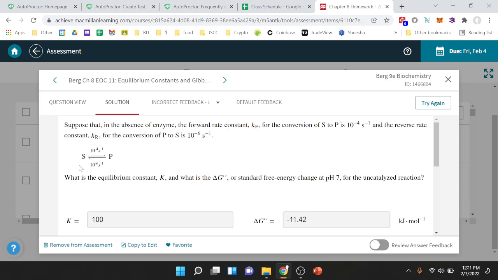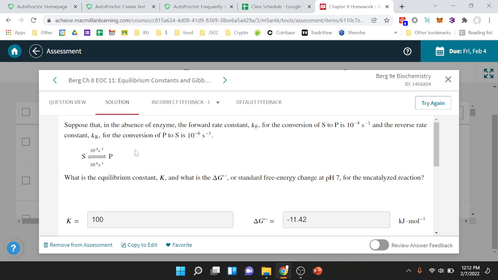Remember that at equilibrium, what's equal? How fast these reactions are going, right? Okay, to counteract how fast these reactions naturally go, we'll have to build up some product, won't we? Okay?